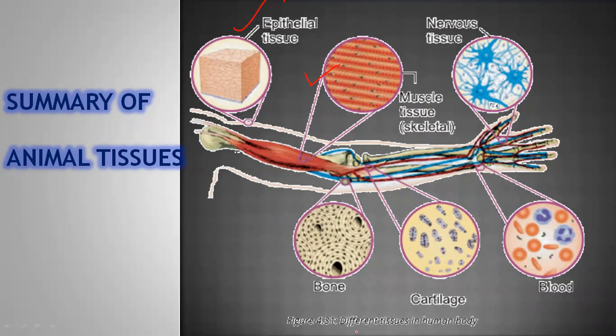Then we have seen connective tissues: bone, cartilage, and blood as well. And last, nervous tissue. All of these tissues and cells together form an organism, including all the organs present in the body.